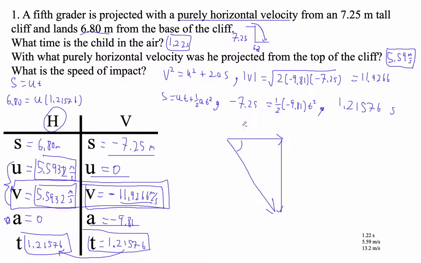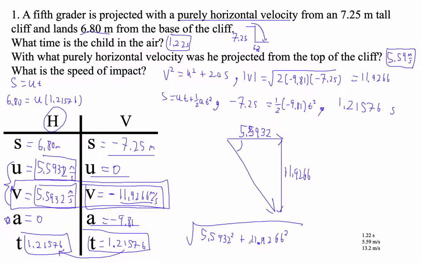This is 5.5932, and this is 11.9266. The magnitude of this thing is the square root of 5.5932 squared plus 11.9266 squared.